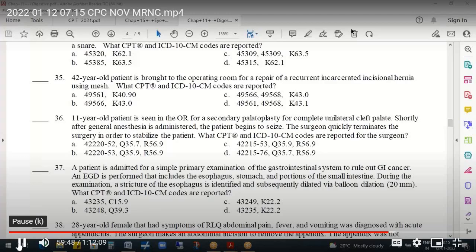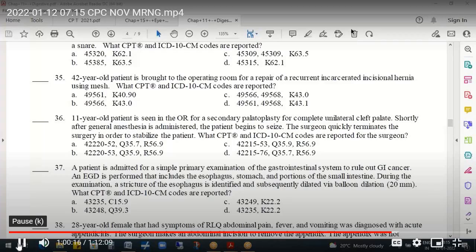Sampath, can you read the code description 49561? Repair initial incisional or ventral hernia, reducible, and incarcerated or strangulated.